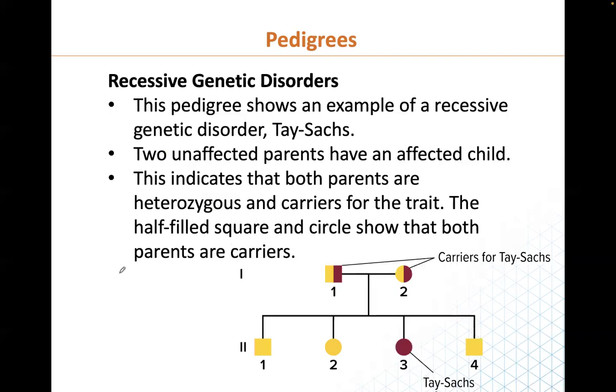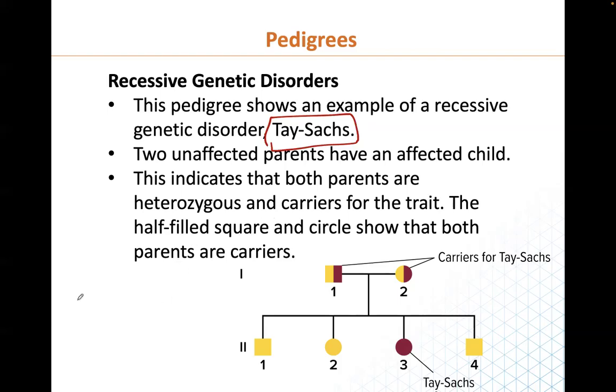Now let's take a case study of a recessive disorder, for example, Tay-Sachs. Tay-Sachs is a disease which is common among the Jews. In this case, both parents are carriers of Tay-Sachs. Whenever both parents are carriers of Tay-Sachs, one of the children is going to be sick from Tay-Sachs.